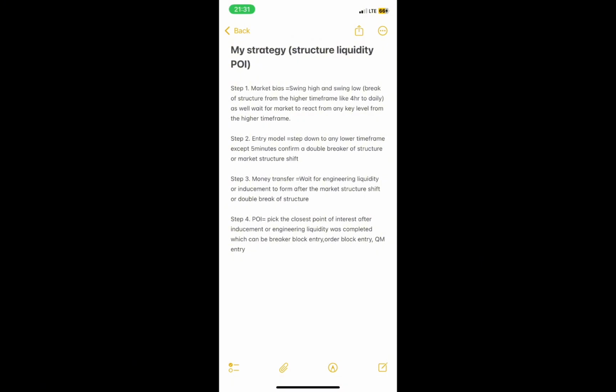But in today's class we're going to be talking more of number 1, which is what we call market bias, right? So now what is market bias? Well, market bias simply means knowing where the trend is and how the trend is moving at that given time, paying attention to what the trend is telling you and how to follow it.